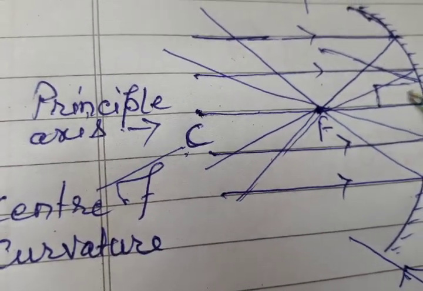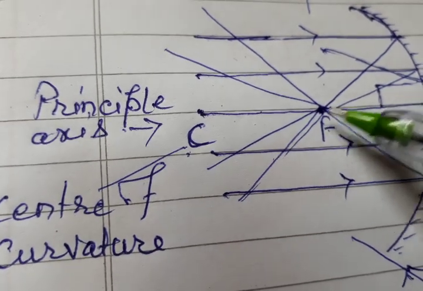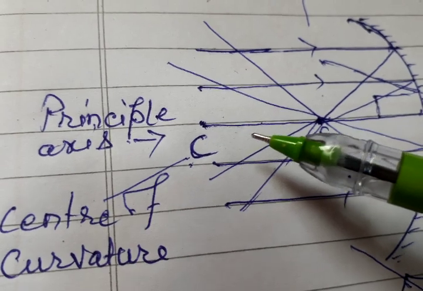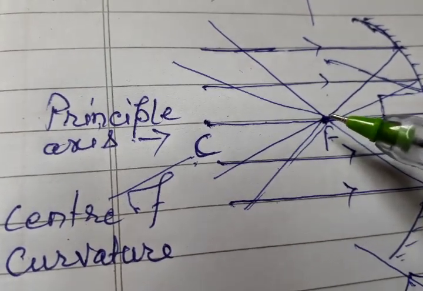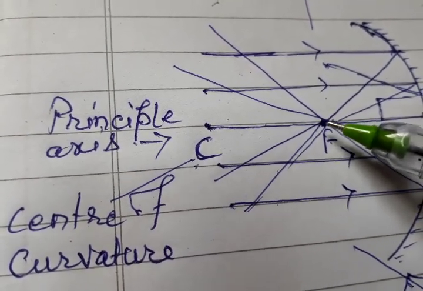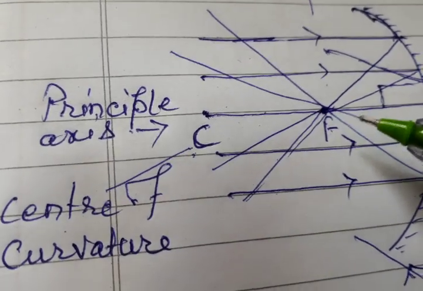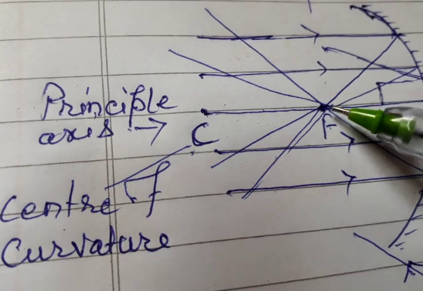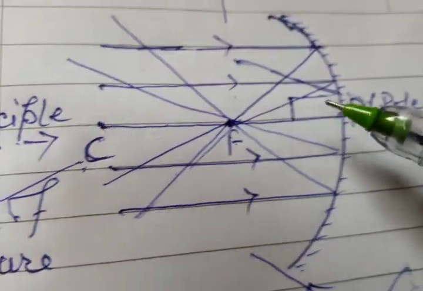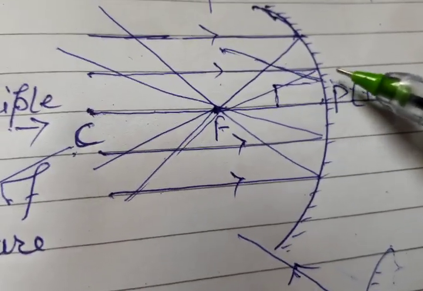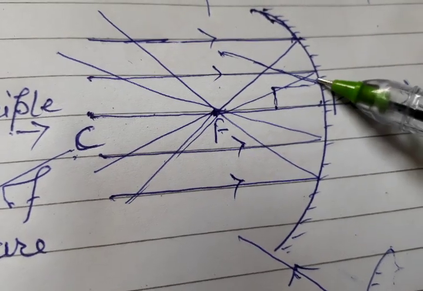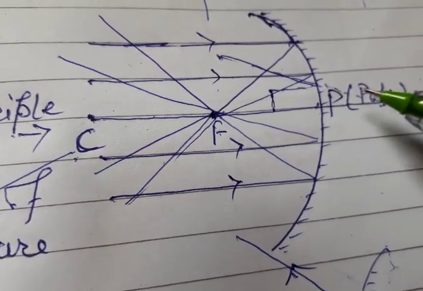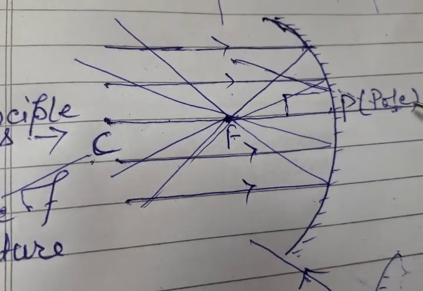Whenever the image is formed on the front part of the mirror, it is always real and inverted, because it is forming on the front part of the mirror. But whenever the image is formed on the back side, behind the mirror, that will be virtual and erect.